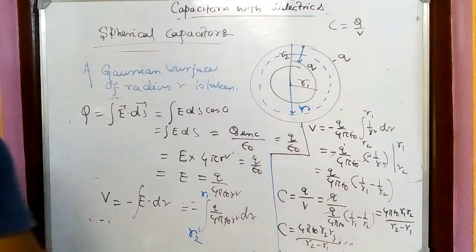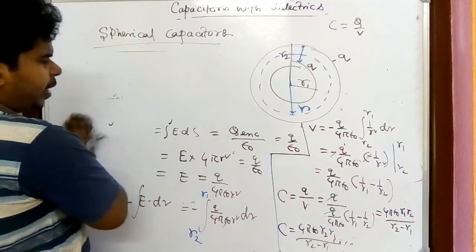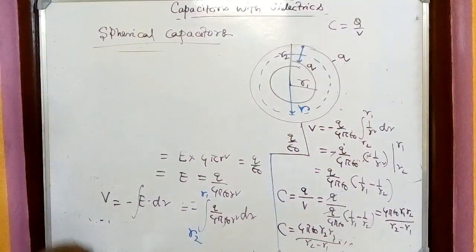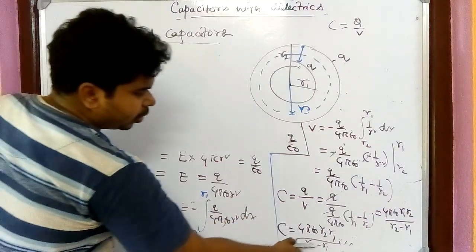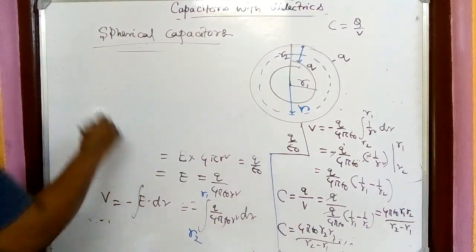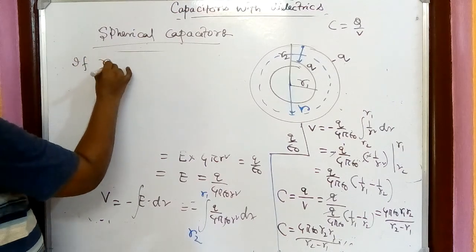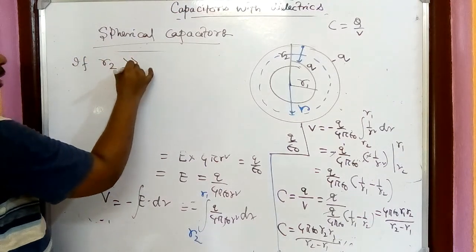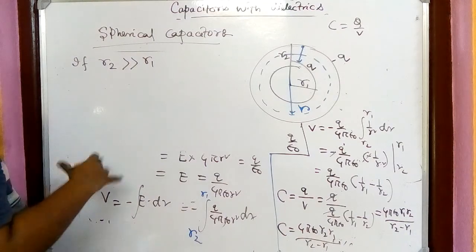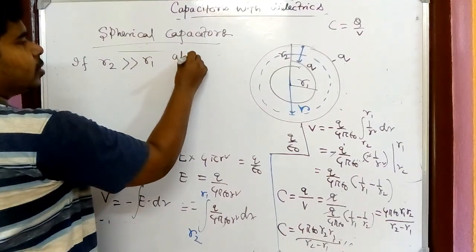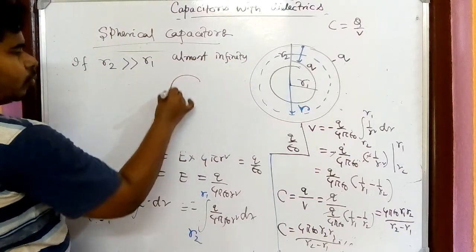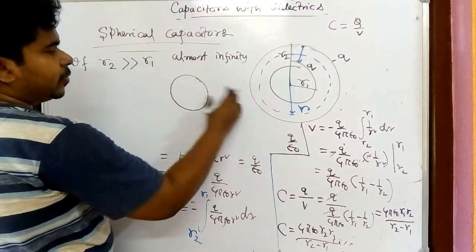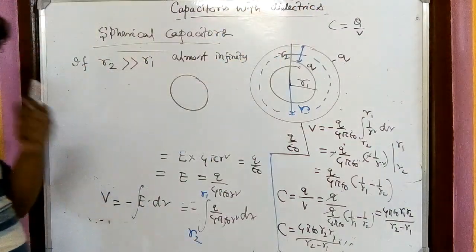Now from here you have to see one basic special case. You might be thinking, sir, now it is going beyond our head. No, I'm not giving any difficult thing. We have seen C is 4 pi epsilon naught R2 into R1 by R2 minus R1. If R2 is very much greater than R1, almost infinity, that means only one sphere is there and the other sphere is at a very long distance.